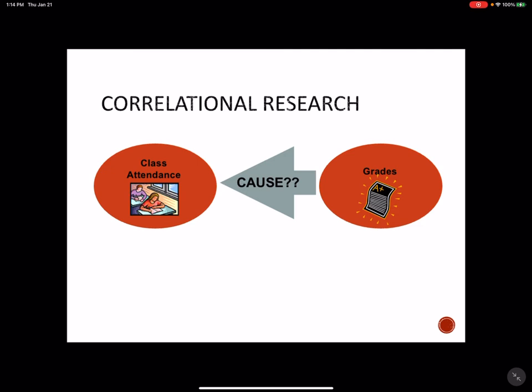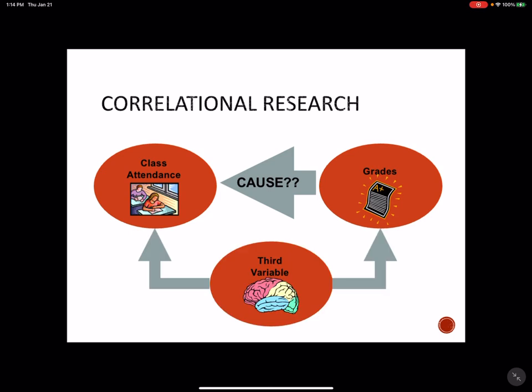So it could run that way. Or, and I think this is probably closer to the truth, they're both caused by a third variable, and that could be conscientiousness. Students who are more conscientious attend class, and students who are more conscientious get better grades.